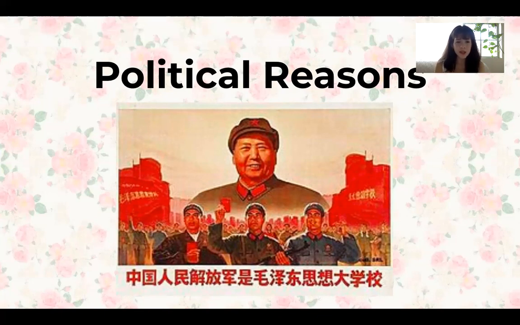And so, for a lot of people, especially Taiwanese people, Taiwan is the political group in China that was against communism, and they had a war against the communists, and then they lost basically, and they moved to this island called Taiwan and made their own country.